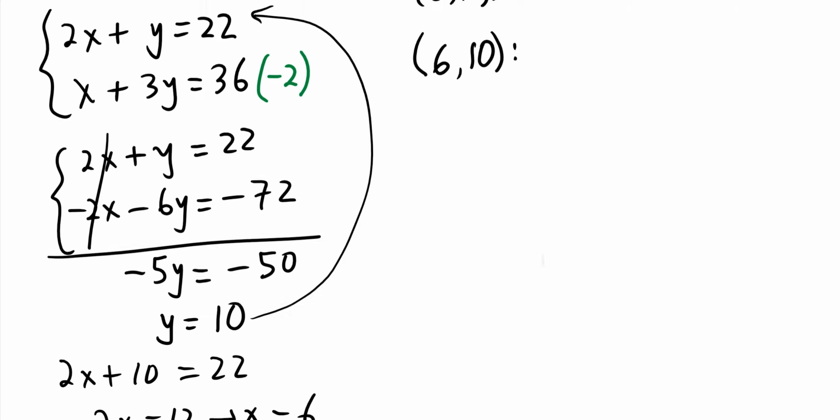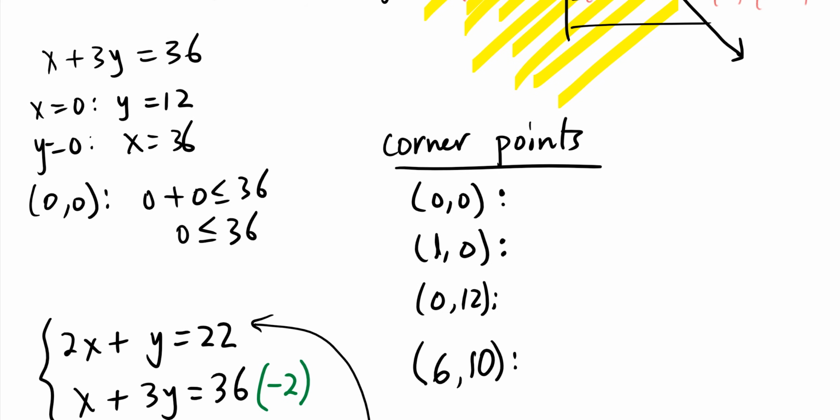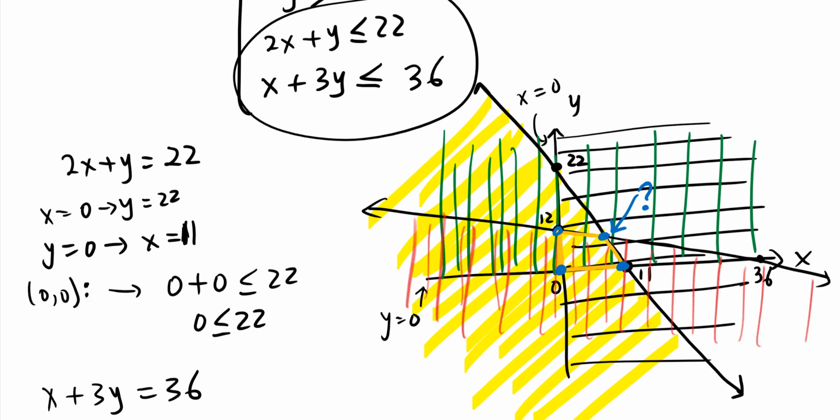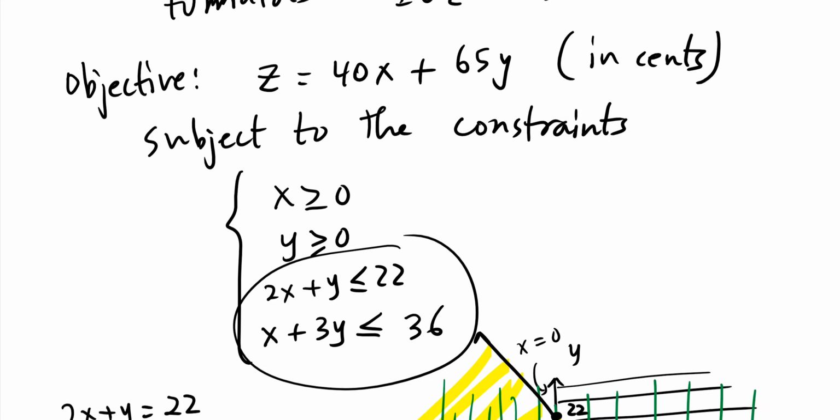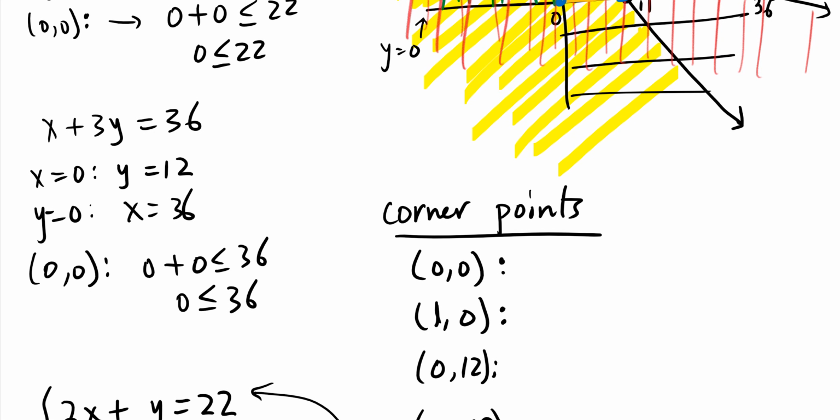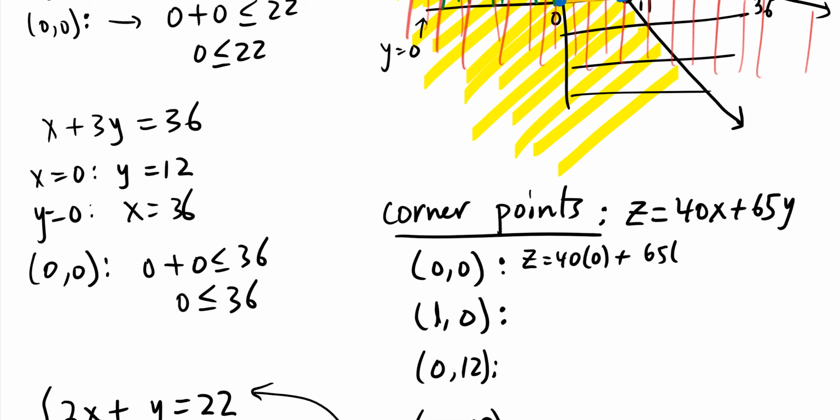Now I'm going to substitute all these four points' coordinates into the objective function. What was the objective? z was 40x plus 65y. Substitute the first one: 40 times 0 plus 65 times 0. This is the easiest one to calculate, so 0. The next one, 40 times 11 plus 65 times 0.